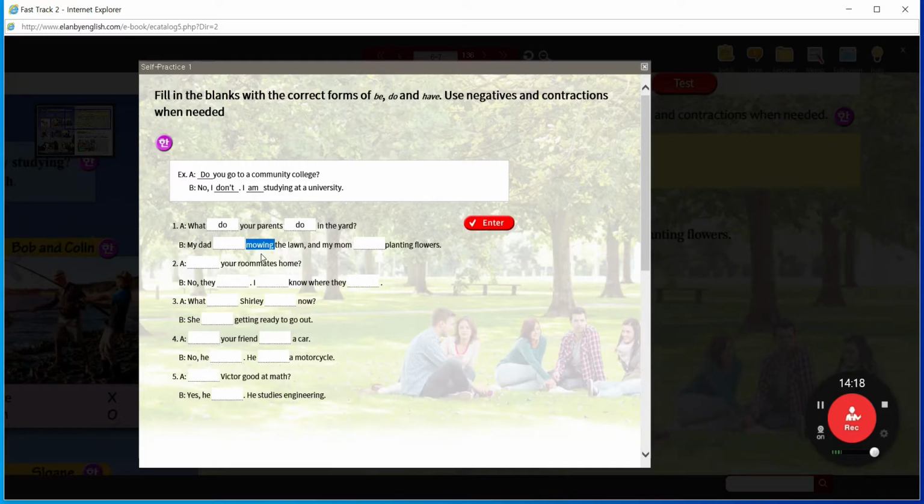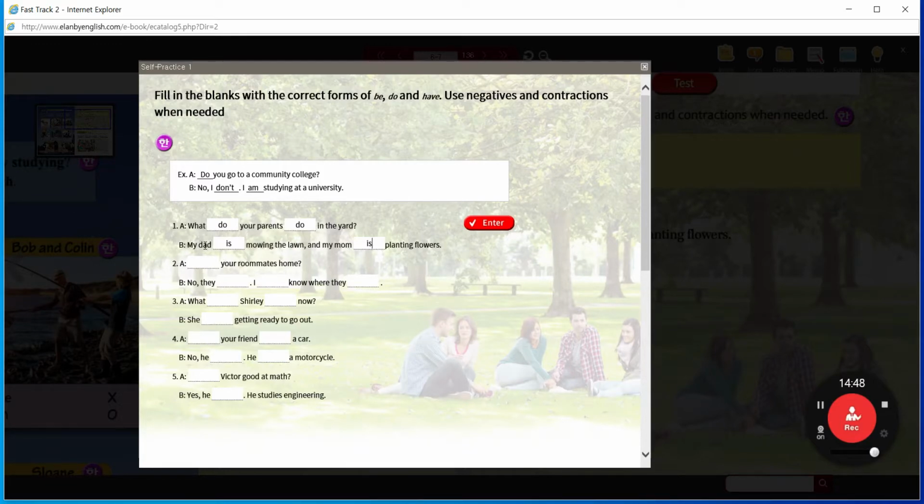They're talking about right now. So we see this ing form. Okay. So just looking at this, my dad, it's a third person. So I'll use the be verb is. My dad is mowing the lawn. Okay. And this form is the same form here. My dad is mowing the lawn and my mom is planting flowers. It's a good answer. We know from this sentence talking about right now.